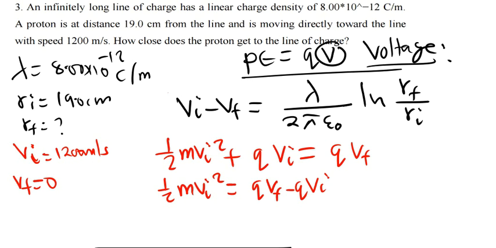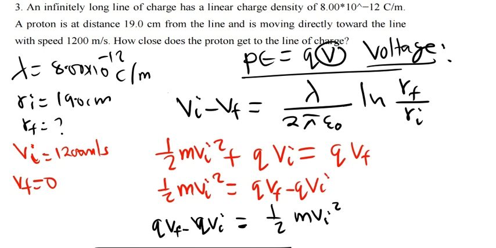Now remember, we are trying to make v initial minus v final the subject of the formula, meaning I can factor out negative q. Let me first put this one here, then this will have this.